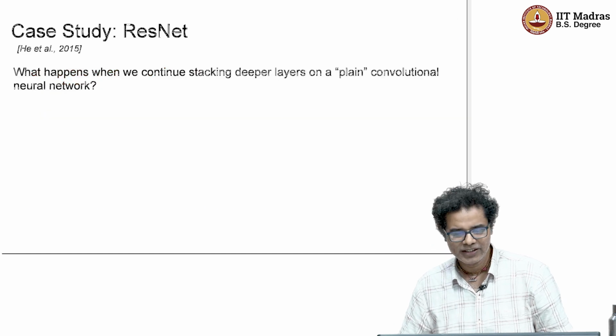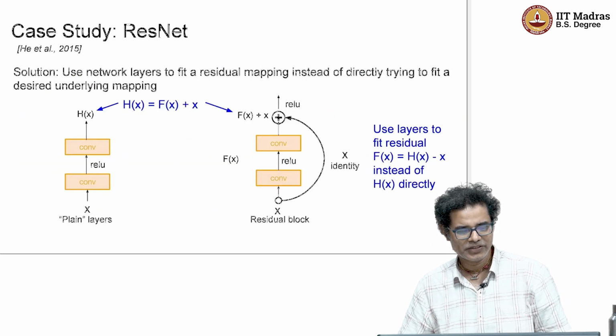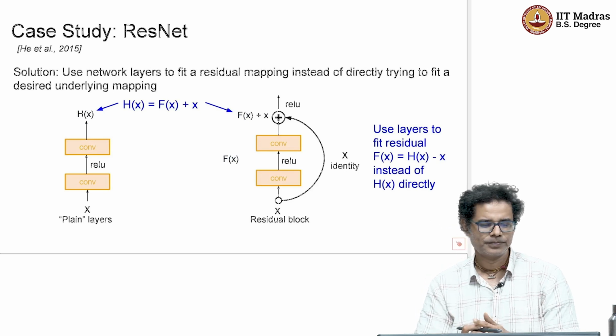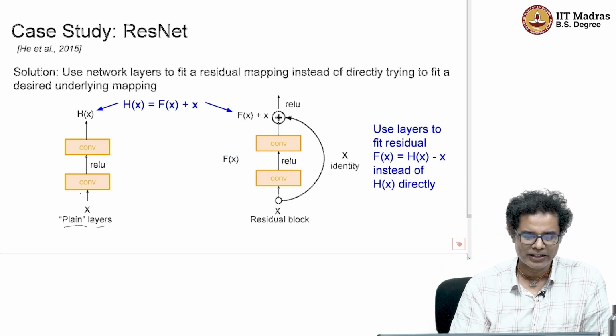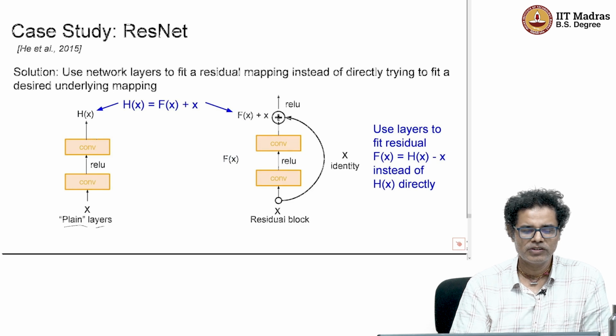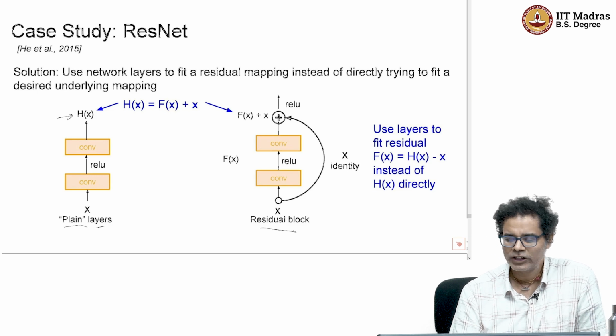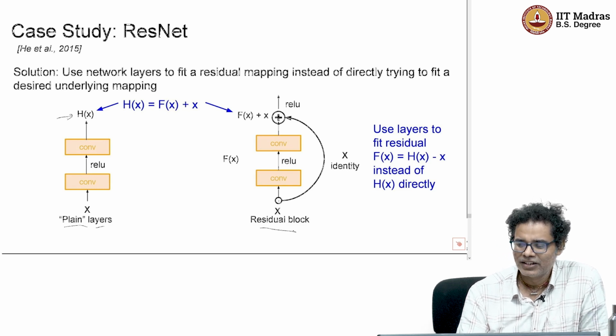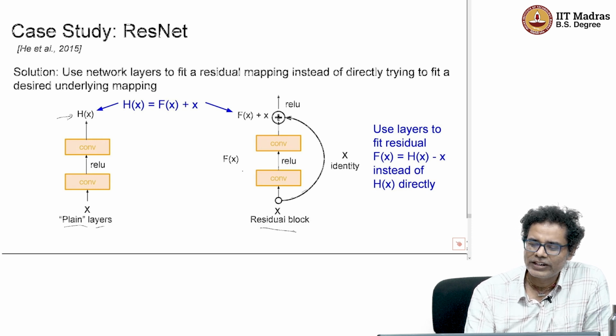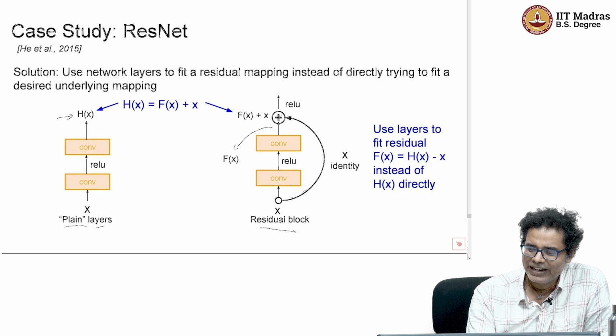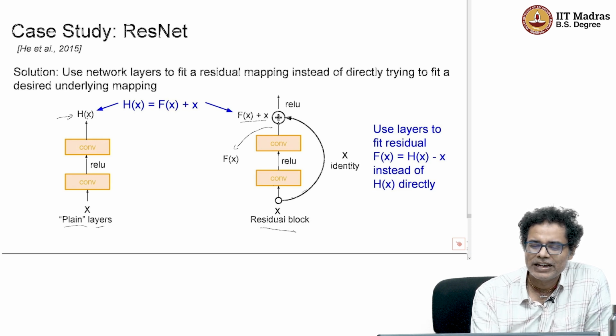The other advantage is that we only need to compute the residual. For example, this is a plain CNN network, which has convolution, ReLU, convolution, and let's say it is producing this function h of x. But in a residual block, we have this input x, and a residual connection which goes directly to the output. Whatever this network, convolution and ReLU, produces, say f of x, since we are adding x again, the output is x plus f of x.